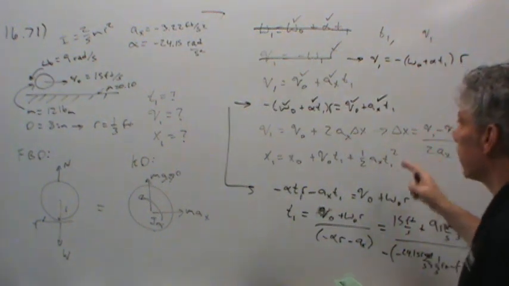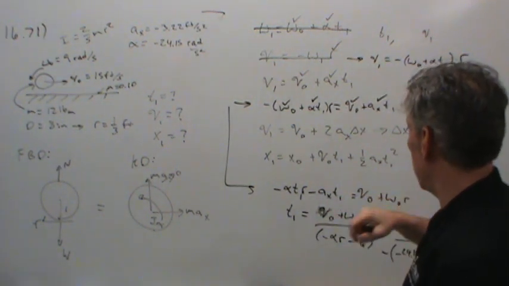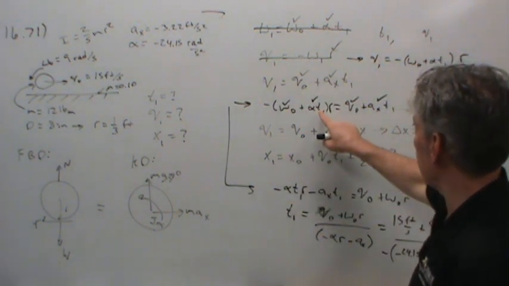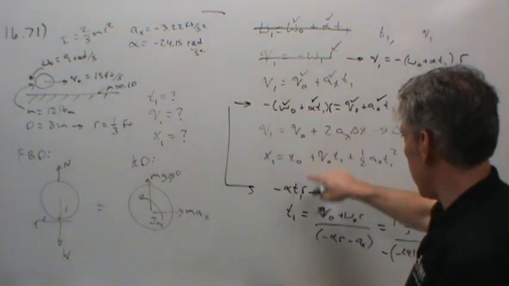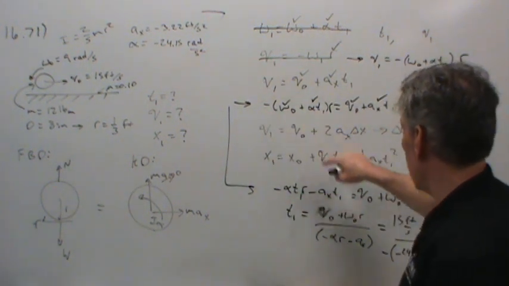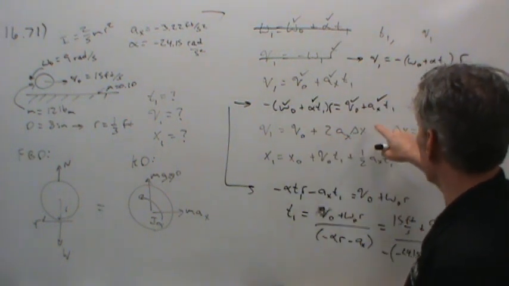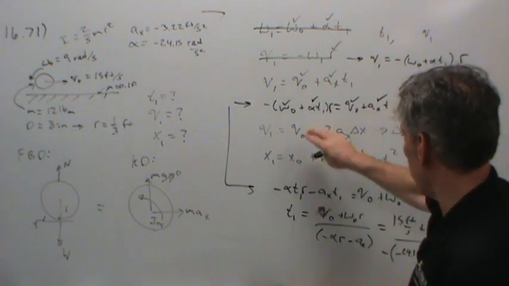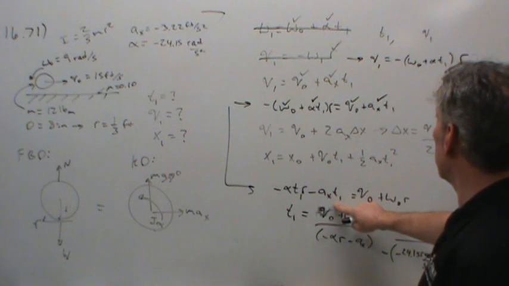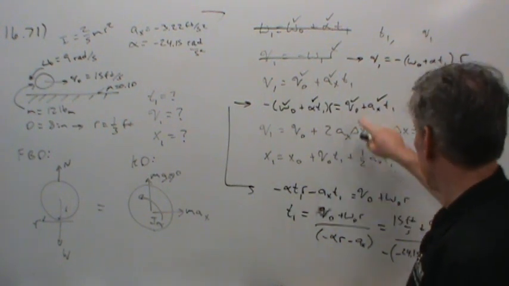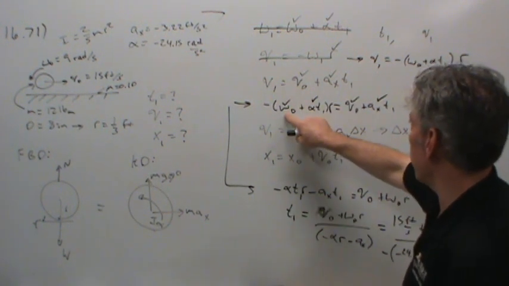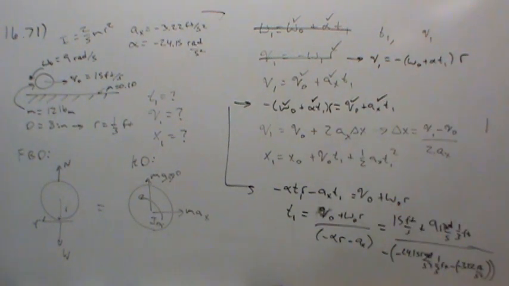So then, moving down here, I put this term first, which is negative alpha T1 R. And then I was pulling terms. So pulling this term to the other side, we have negative AX T1. And then V naught over here, this is a negative omega naught R. Move to the other side, it becomes positive.